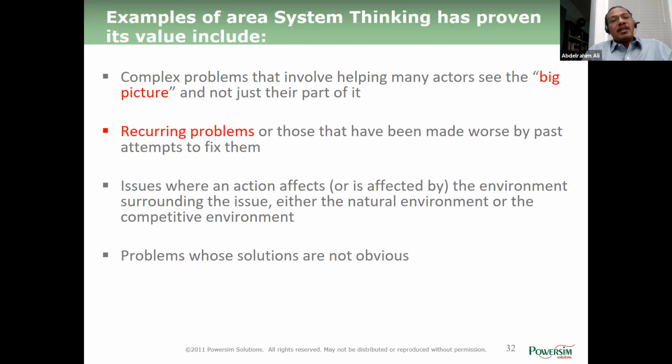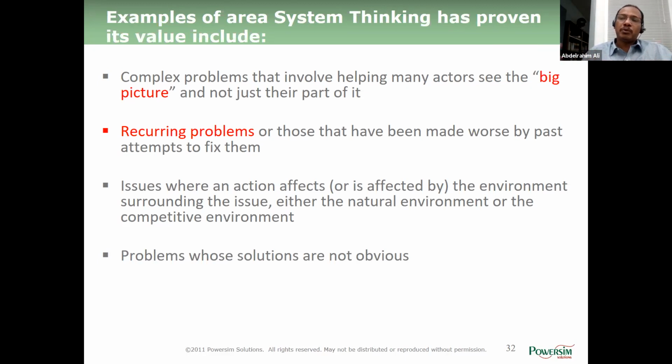Examples of using systems thinking show its value in complex problems that involve helping many actors see the big picture and not just their part of it. Because in the process, you should work with different actors.